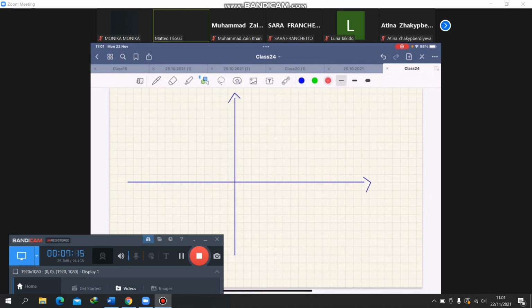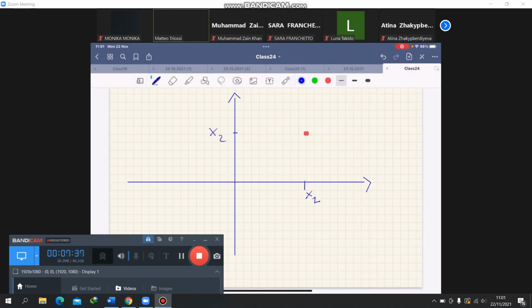So here we have a vector. Its coordinates are, say, x1 and x2.